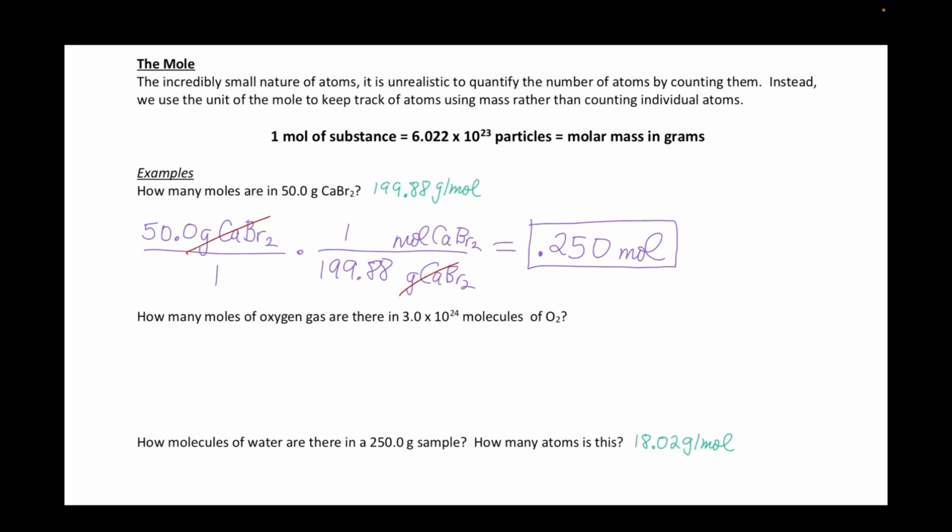So what we know from this number here, 50 grams as 50.0 grams, is that the balance used to measure that was able to tell for sure, with 100% certainty, the tens place of the value, the ones place of the value. But then the tenth place, that first decimal, was estimated.